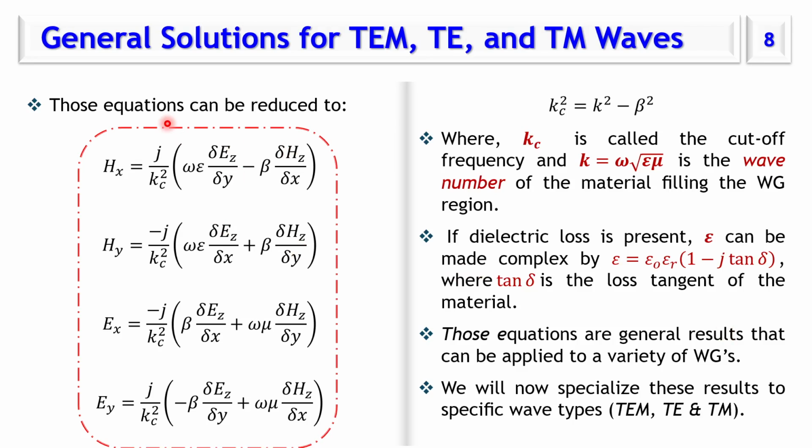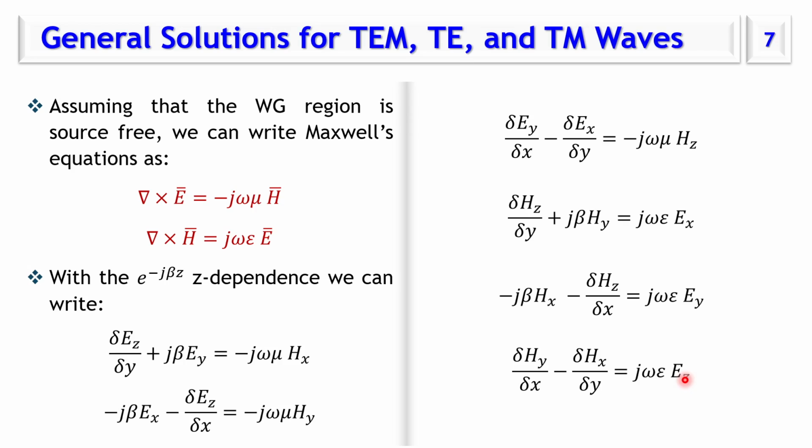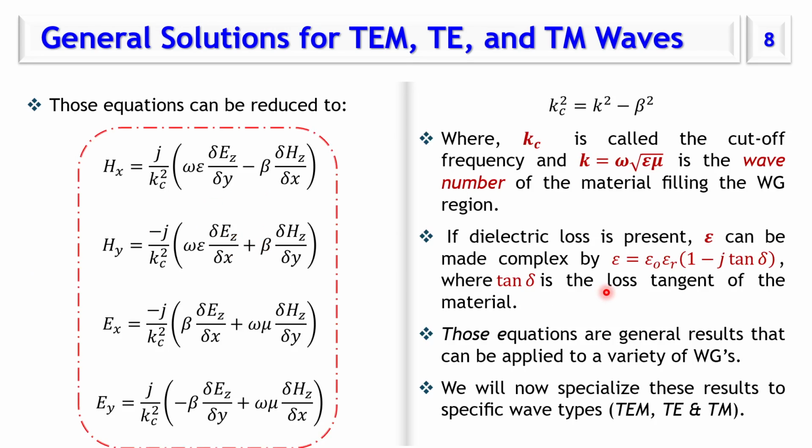Those equations can be reduced to these 4 equations. All we need to do is take this Ez equation and substitute it here, and also take this Hz equation and substitute it here. So those 6 equations by substitution can be reduced to 4, as we are seeing here.